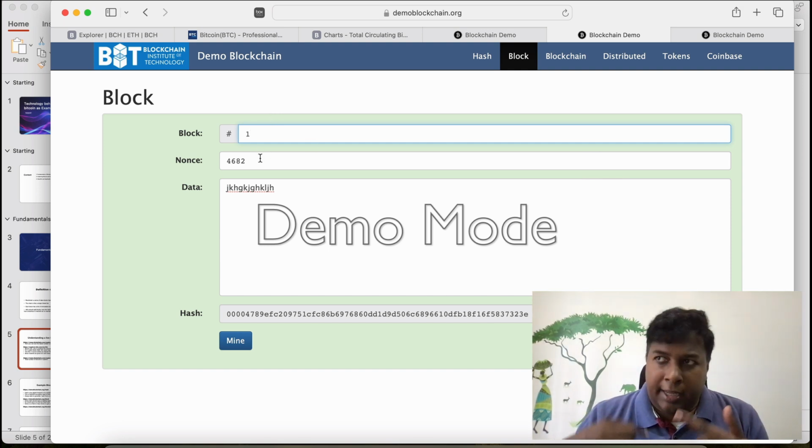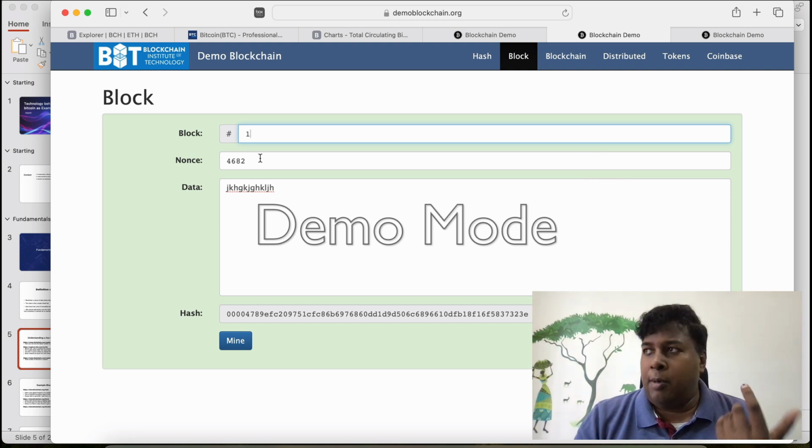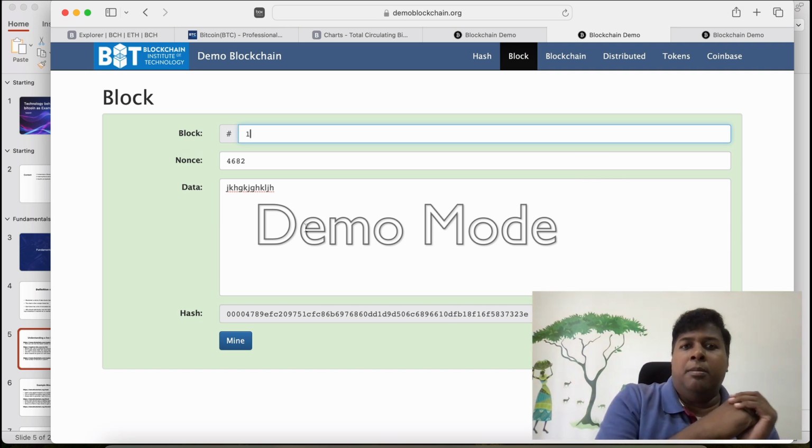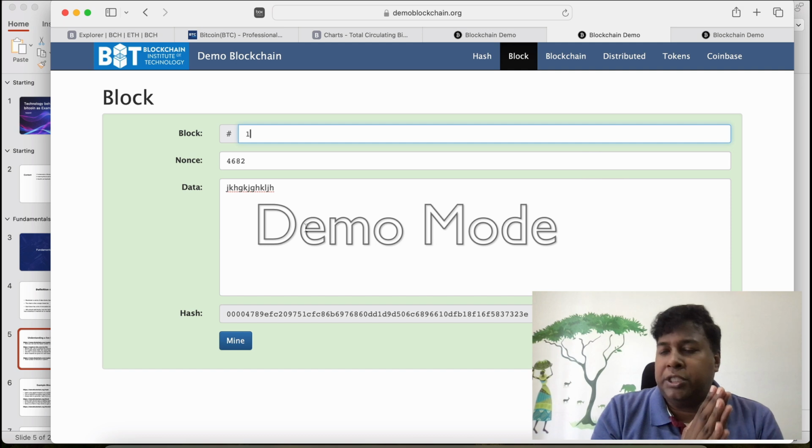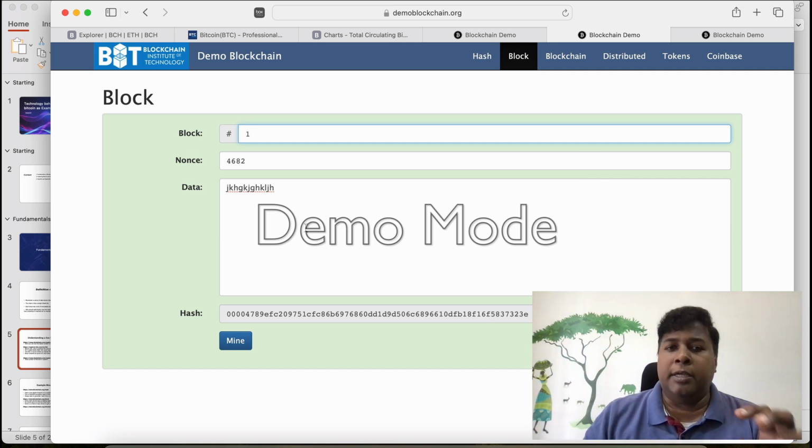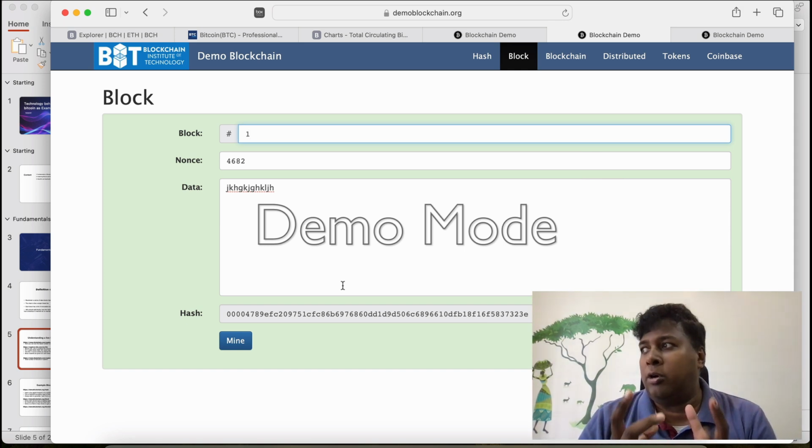You keep trying new numbers in the nonce until you come out with one that gives 4 leading zeros, and now you have mined it. Out of millions and millions of combinations of the nonce, you found one that helps you add your block to the blockchain. This is what is called mining. Okay, now we got the miner.